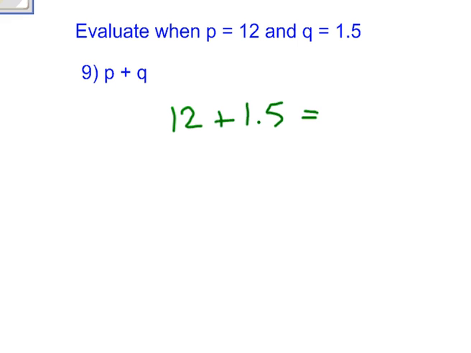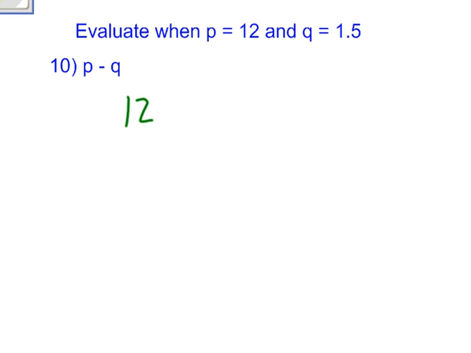That gives us 13.5. Number 10 says p minus q, so we would have 12 minus 1.5, which is 10.5.